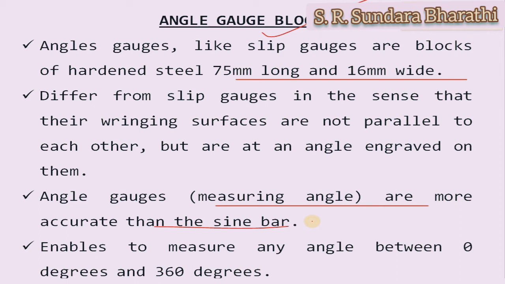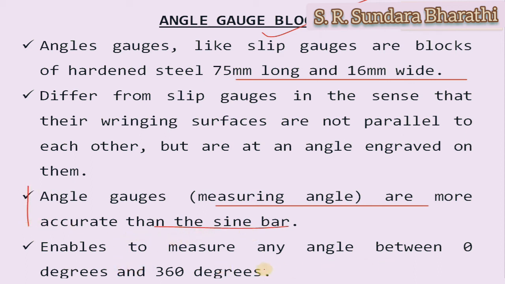You have to confirm all of these are calibrated and accurate. If any one is off, we do not get the expected right value. But with angle gauges, we directly get the angle of the particular object. This is the big advantage compared to the sine bar.